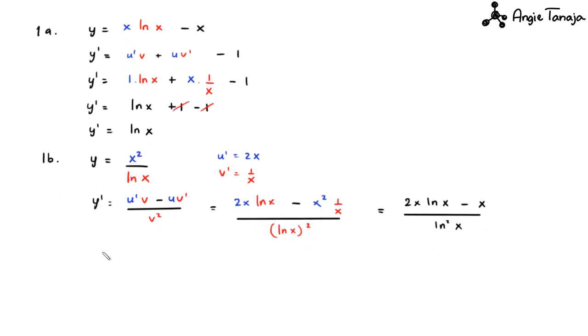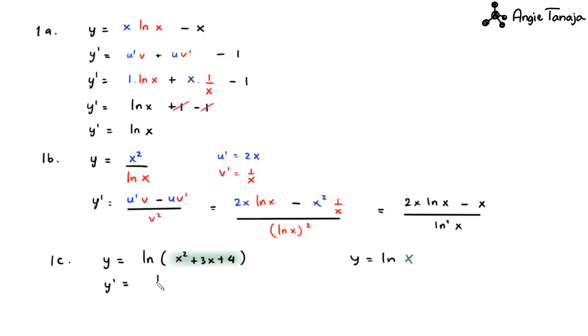Let's take a look at 1c. In 1c we're going to apply chain rule. Y equals ln something, where the something is x squared plus 3x plus 4, right? So the y prime here is simply, you imagine this one is ln x, so you do 1 over x, right?